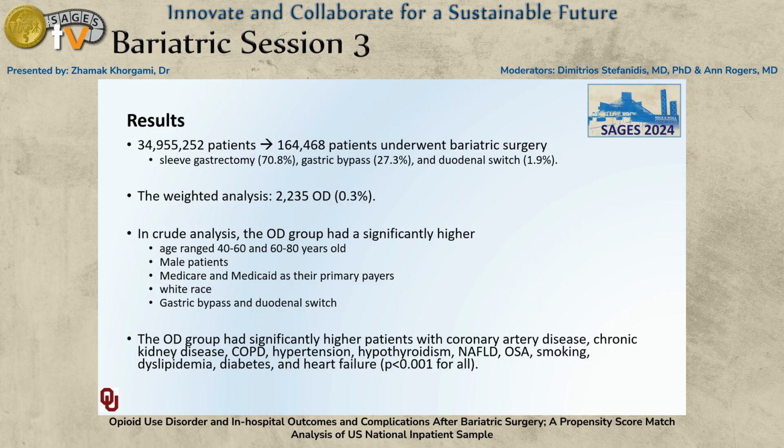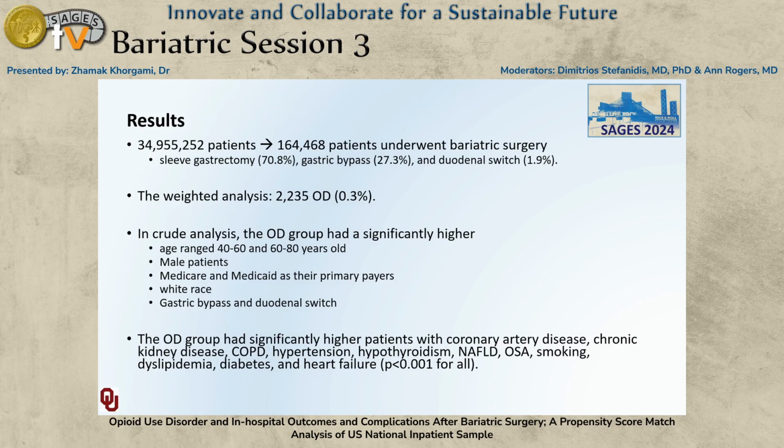So, 34 million records, 164,000 bariatric, mostly sleeve, 70%. After weighted analysis, we found 2,200 opioid-related disorder patients, which is a very low number, 0.3%. In the univariate analysis, the opioid disorder patients were significantly older, more male, and more Medicare and Medicaid patients compared to private insurance and others, more white, and more gastric bypass and duodenal switch versus sleeve gastrectomy.